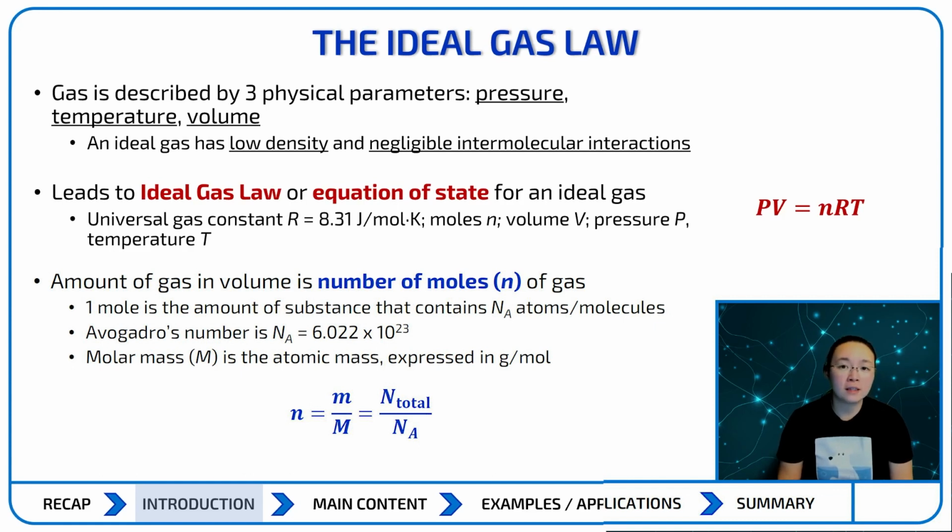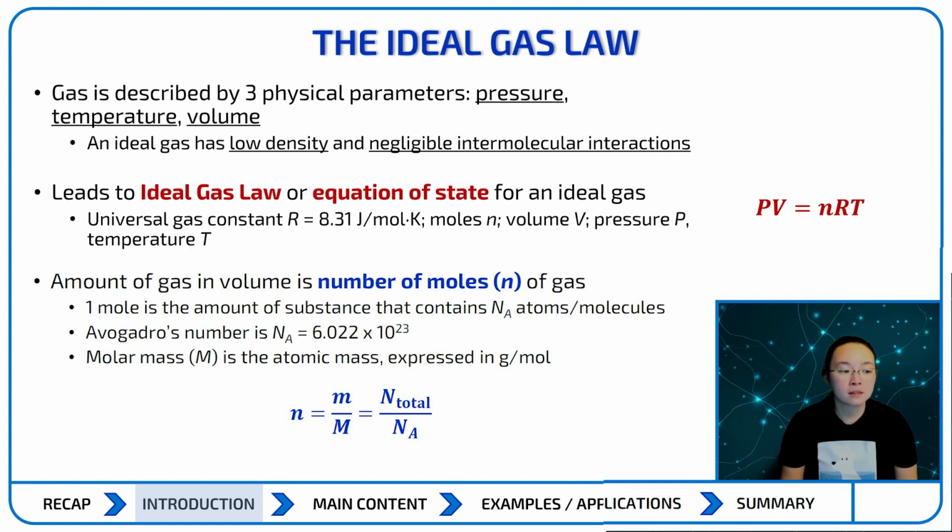1 mole is basically the amount of substance that contains an Avogadro's number's worth of atoms or molecules. So Avogadro's number is 6.022 times 10 to the 23. 1 mole is going to be how much of your gas has that many molecules.